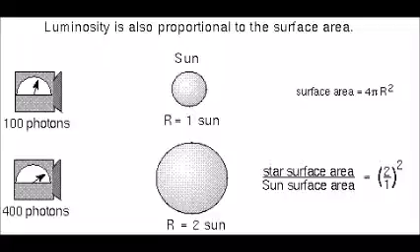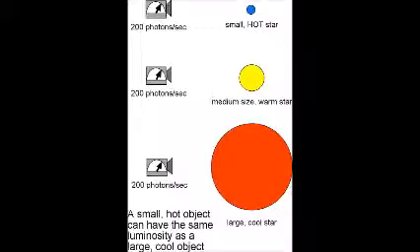Namely, if an object has a radius which is twice as large, it would be 4 times brighter. This causes some difficulty because we can have a large red star with the same luminosity as a medium yellow star with the same luminosity as a bright blue small star.